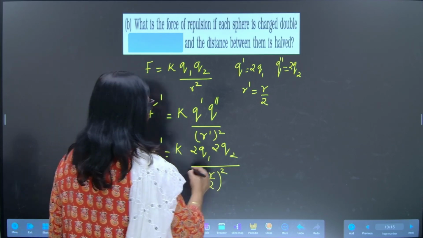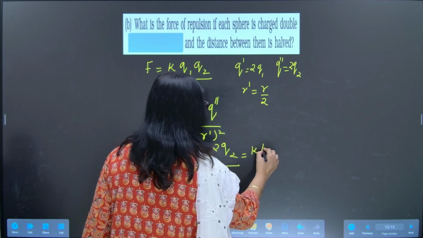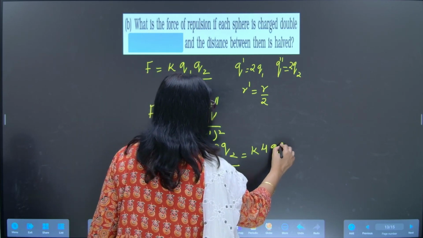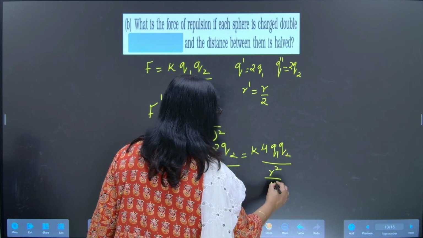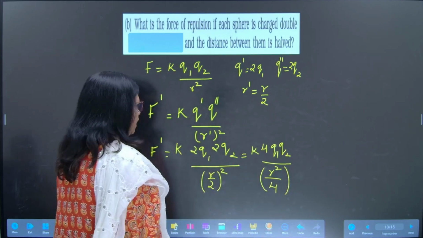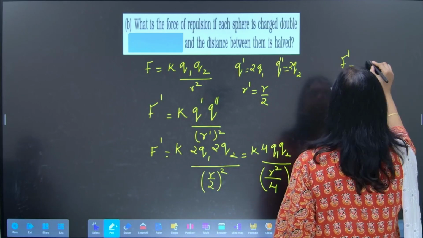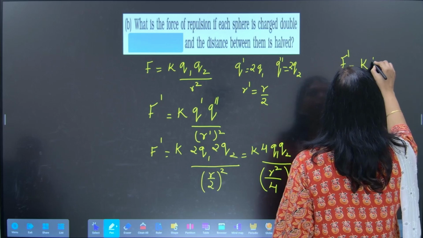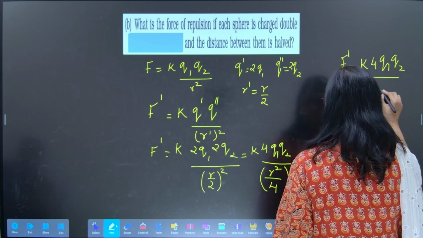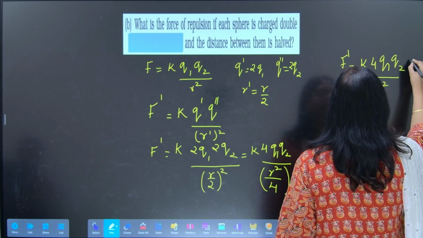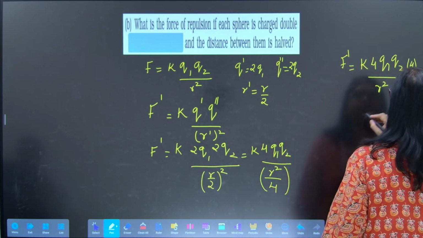Okay, so let us solve this now. We get K 2 to the power 2 Q1 Q2 upon R square upon 4, which I have placed in the bracket, such that F dash is equal to K 4 Q1 Q2 upon R square multiplied by 4, which is the reciprocal of the denominator.